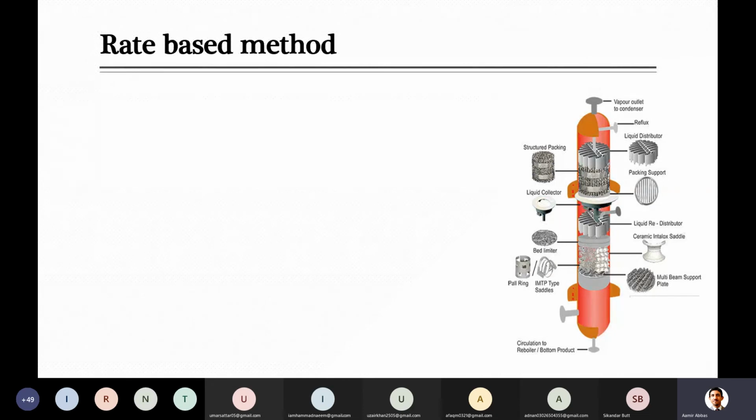They don't have trays as we have in a tray tower. We also discussed that there are two major types of packing: structured packing and random packing. Inside those there were also different classifications, and we discussed which one is better and why.